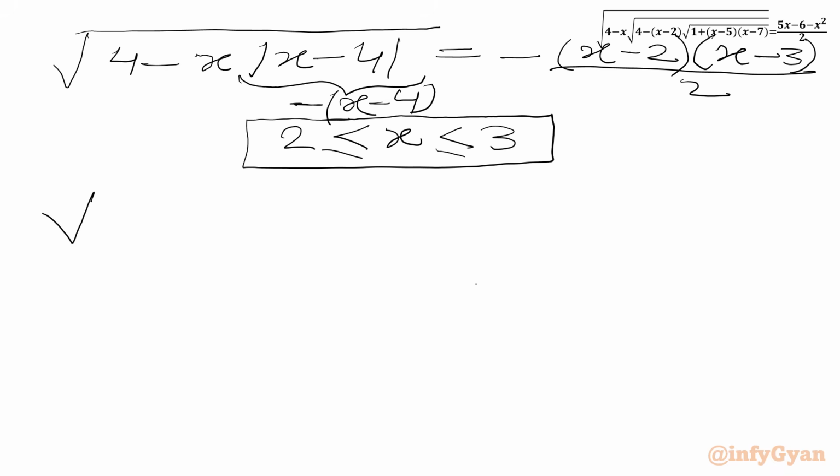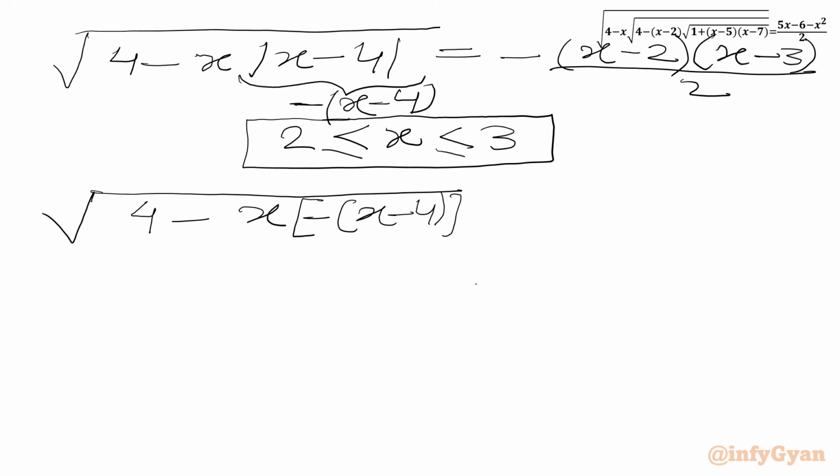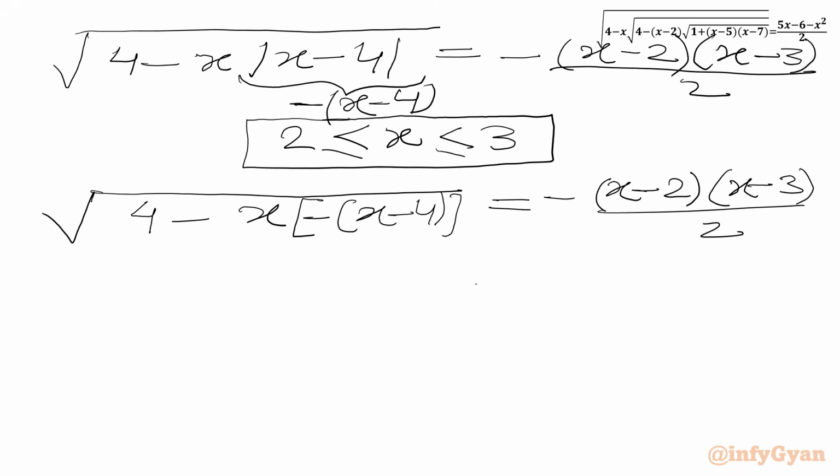So we will write square root of 4 minus x, then in bracket we can write minus of x minus 4, will be equal to minus of x minus 2 times x minus 3 over 2. Now this minus and this minus will get positive.